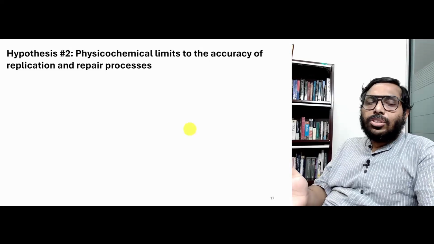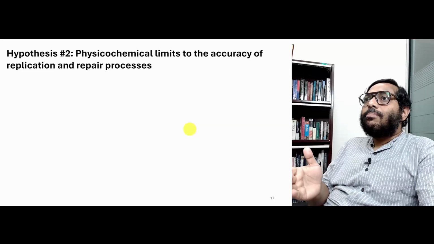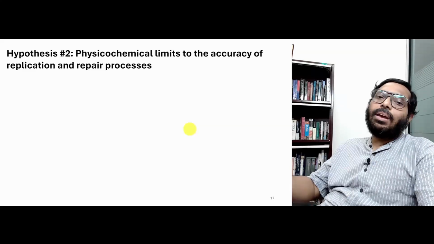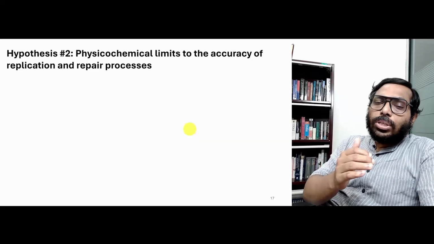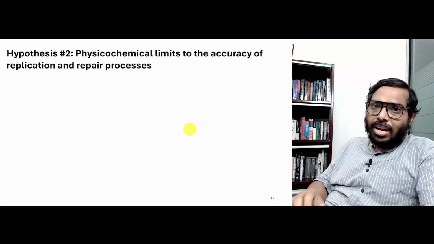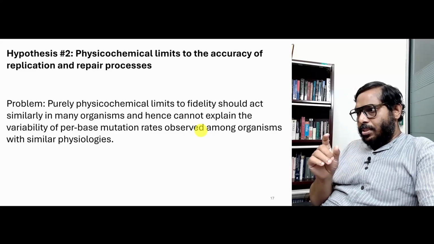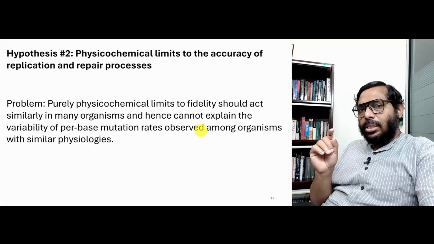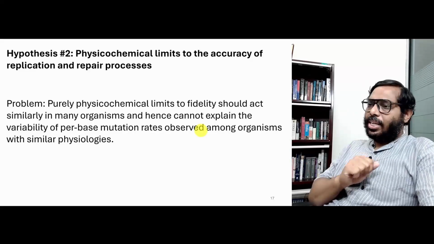If they are similar across all taxa, you expect some mutation rate, but you expect that mutation rate to be the same everywhere. You actually do not expect to see the huge amount of variation that I ended up showing you. So, that tells us that perhaps this hypothesis is not a good explanation for why there exists so much variation.